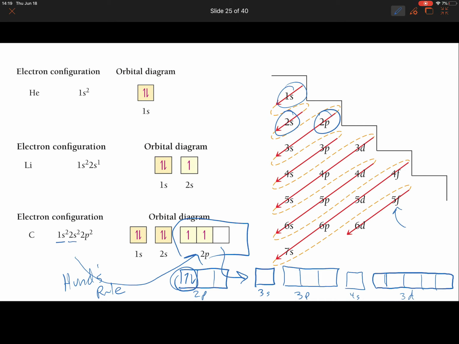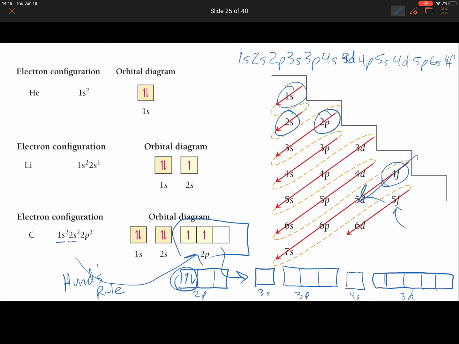Now you can look at this and get the order: 1s, 2s, 2p, 3s, 3p, 4s, 3d, 4p, 5s, 4d, 5p, 6s, and after the 6s, it goes 4f, and so on.